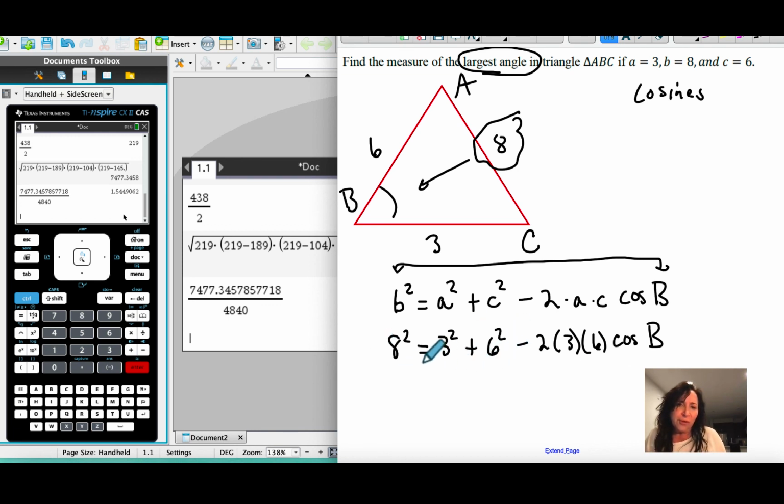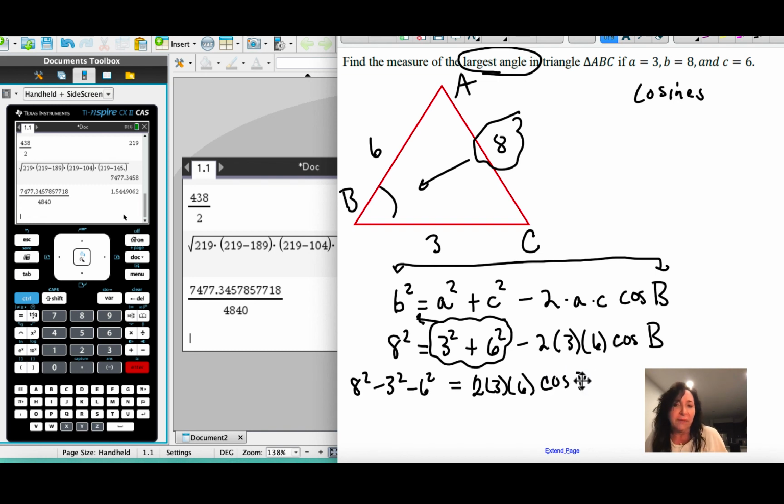So the first thing we're going to do is move these two terms over to the left side. That would be 8 squared minus 3 squared minus 6 squared, and that equals whatever 2 times 3 times 6 is, times cosine of angle b. So let's figure all this out.